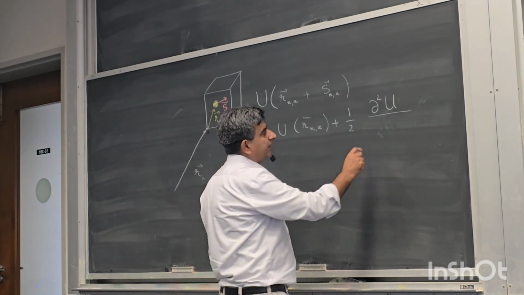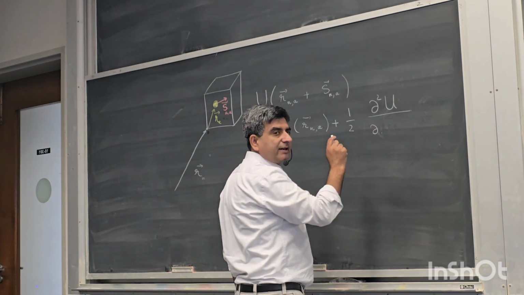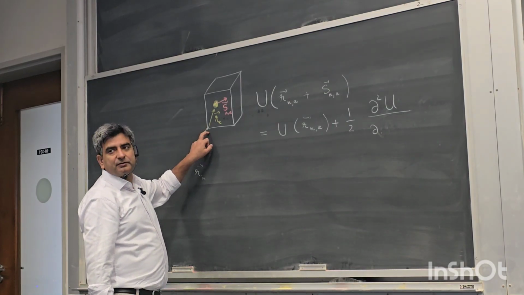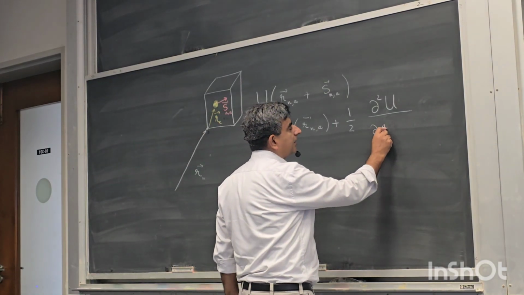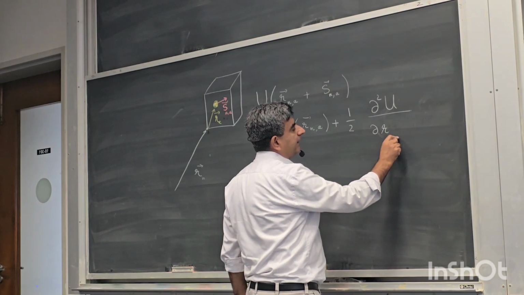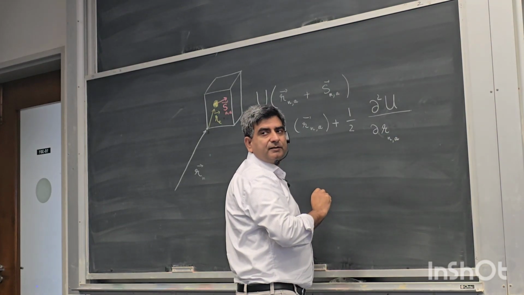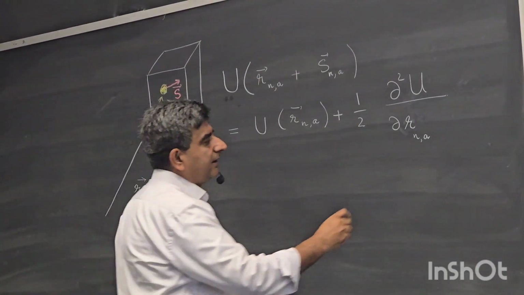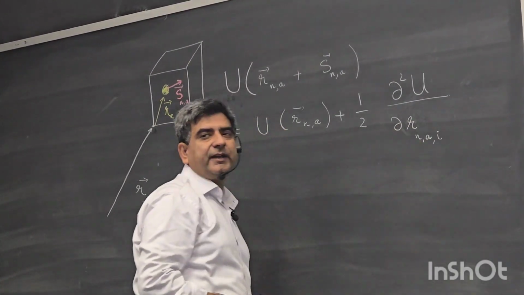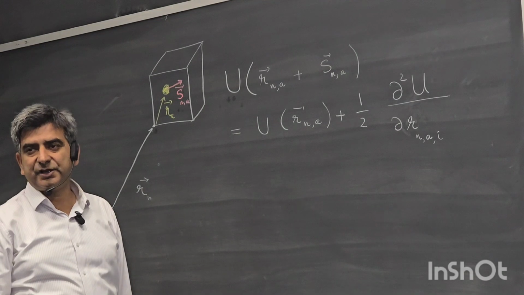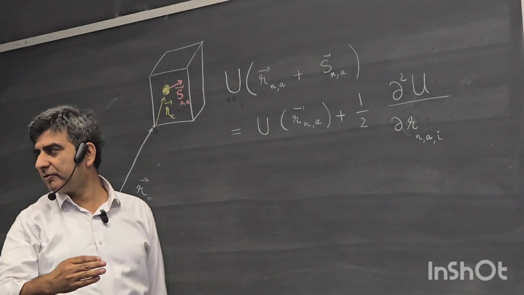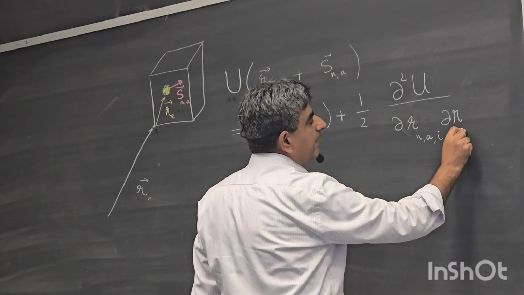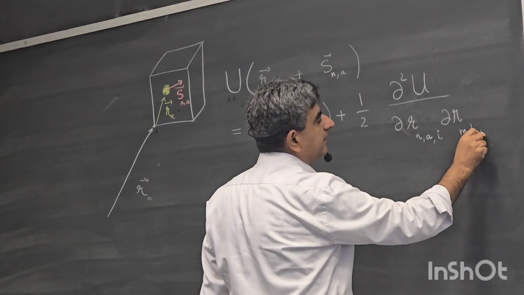Now the position coordinates for that atom with respect to the lattice point are given by R_{nα}, and since the displacement could be along X, Y or Z, we add an additional variable i or j which shows whether you are displacing along X, Y or Z. We need to take the double derivative with respect to R_{nαi} and R_{mβj}.